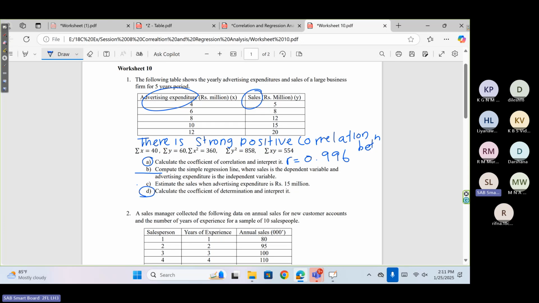Then calculate the coefficient of determination of this one. You do part D. Calculate the coefficient of determination. It's easy now. You know the R value is 0.996. Here we need to find the R squared, which means 0.996 squared.